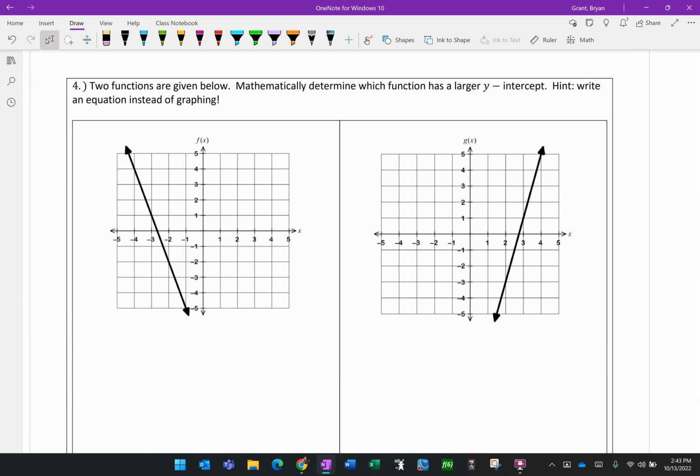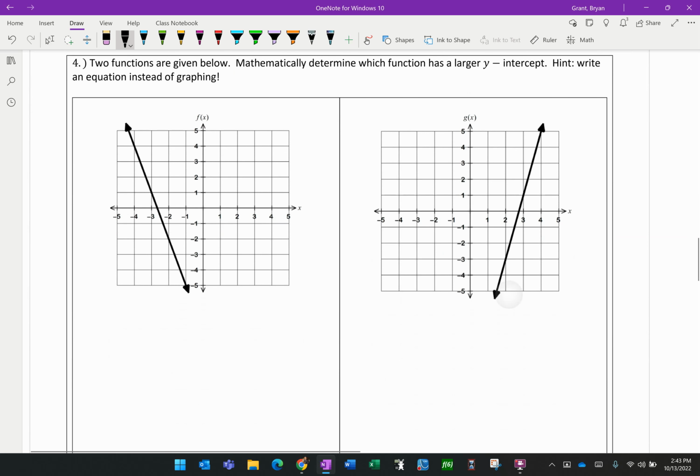Problem 4 wants you to figure out which function has a larger y-intercept. And although you could count down and over, try to maybe write an equation for each of these. And when you're going to write an equation, I would really suggest that you use HK form. So just a reminder for your HK form here, you need a slope and a point.